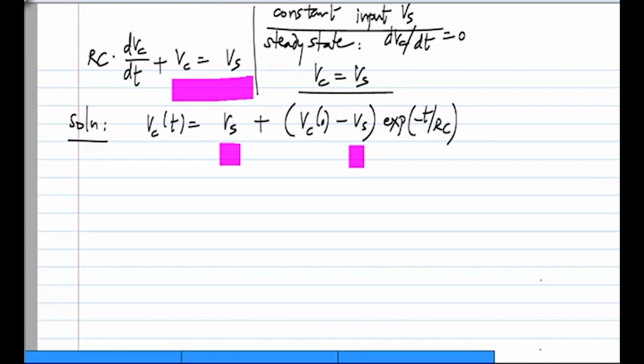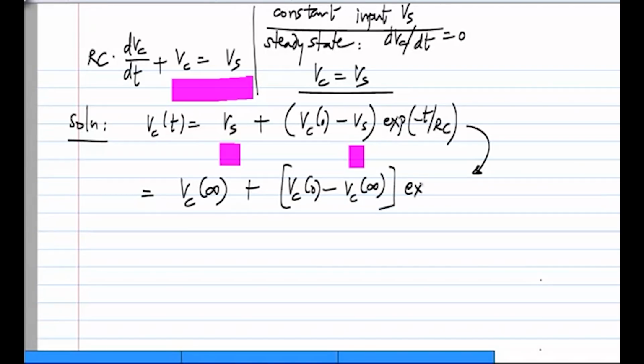So this whole equation can be written in a more general way as Vc of infinity plus Vc of 0 minus Vc of infinity times exponential minus t by RC. So Vc of infinity is the steady state value of Vc.